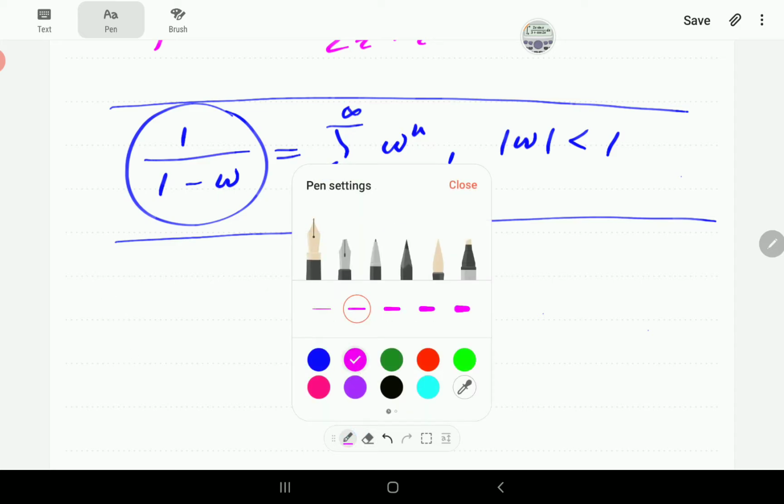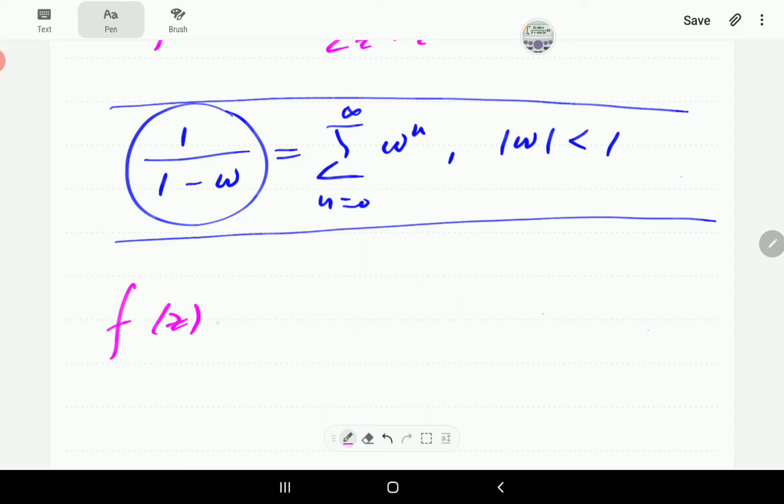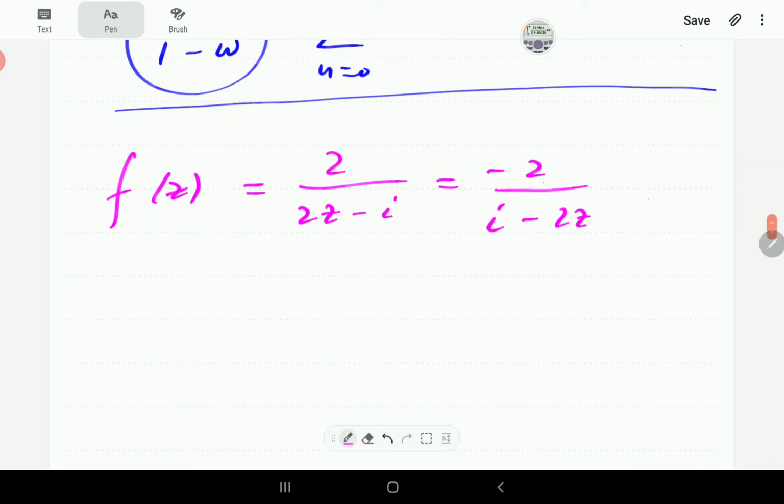All right, so we have got f of z equals 2 over 2z minus i. So the first thing I want to do is switch the terms in the denominator, and then after that we're going to factor out i in the denominator.